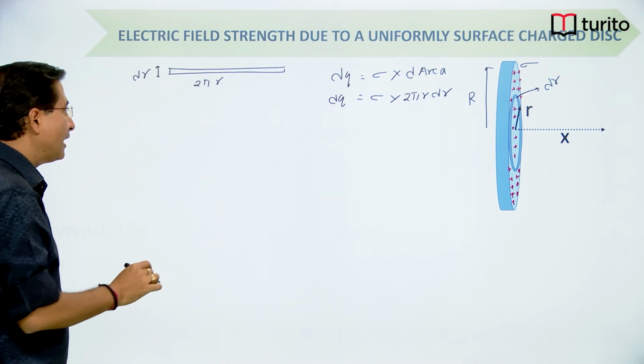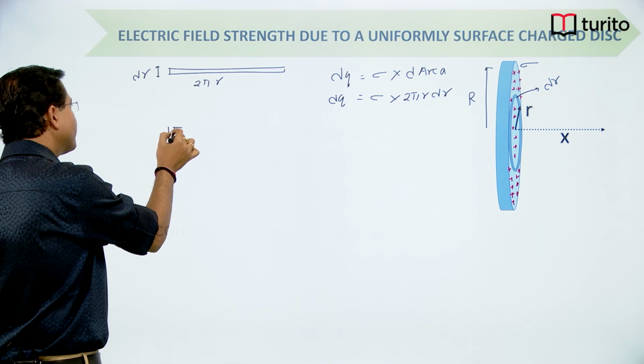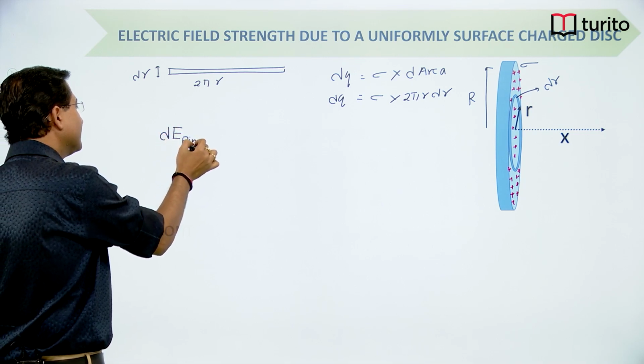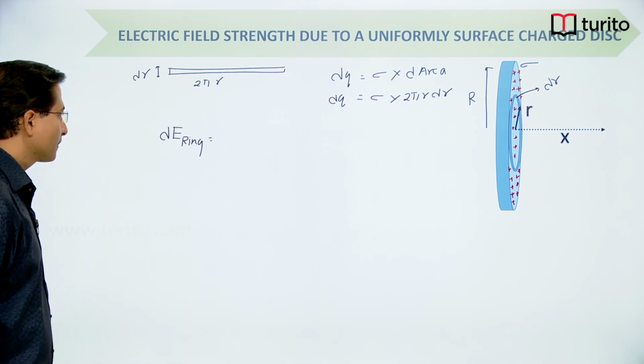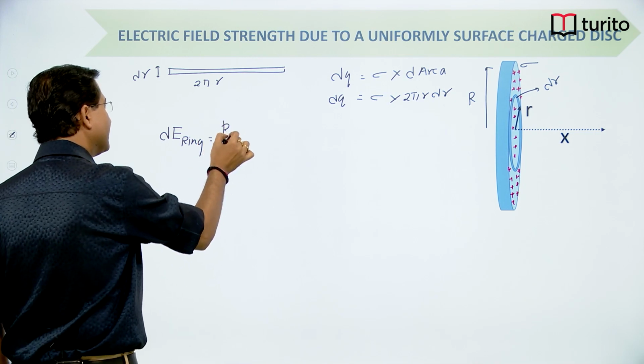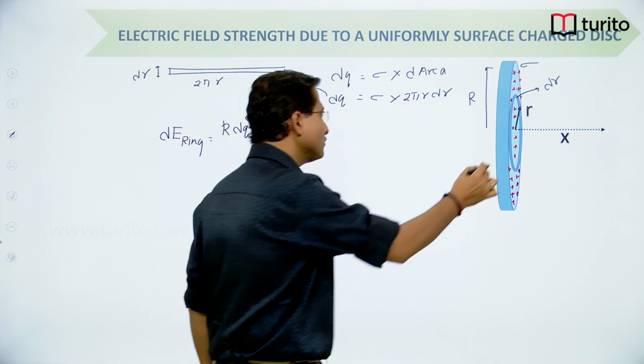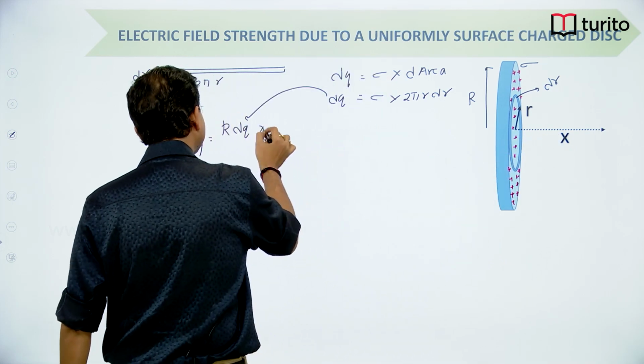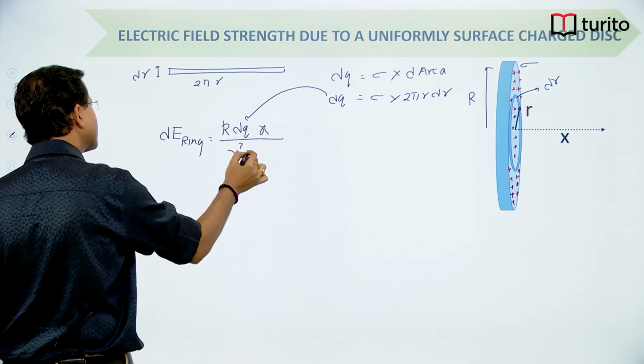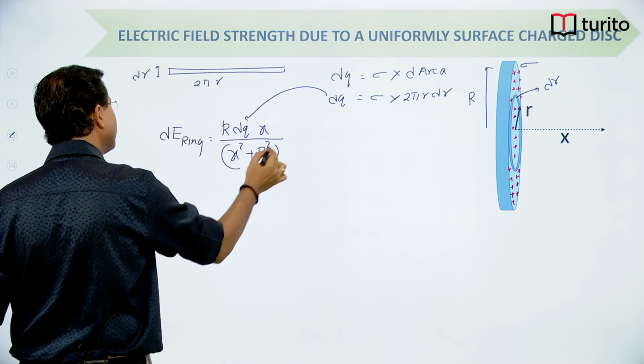And from the expression we have for a ring, the field produced by this elemental ring will be equal to k dq x divided by (x square plus r square) to the power 3 by 2.